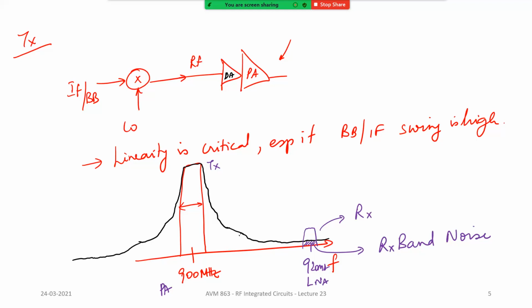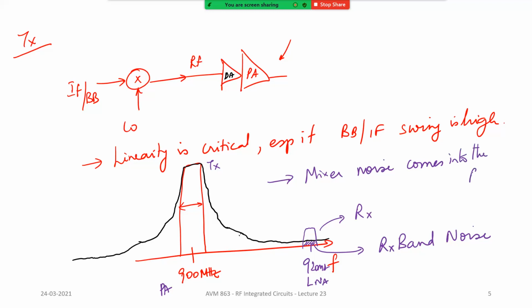At a certain offset from your transmit frequency, the receive band noise should be suppressed by a certain amount. And that is quite important. So in that case, mixer noise comes into the picture.